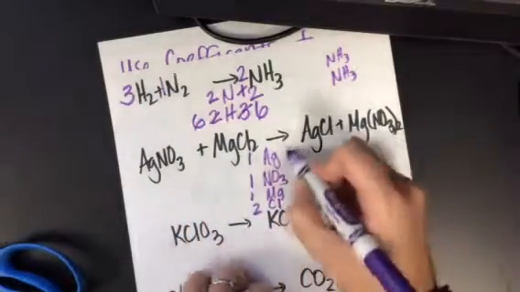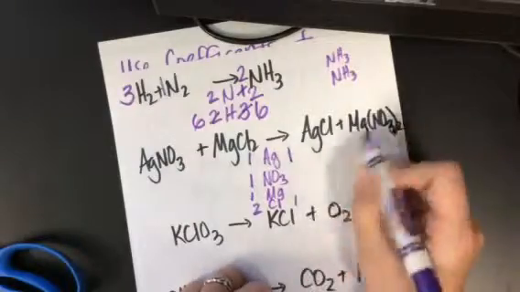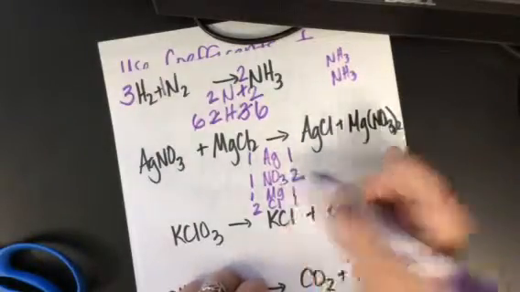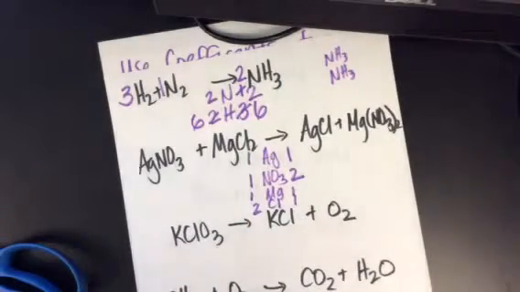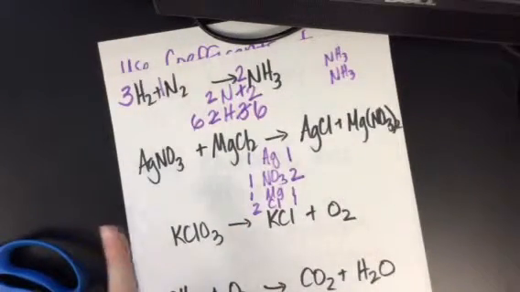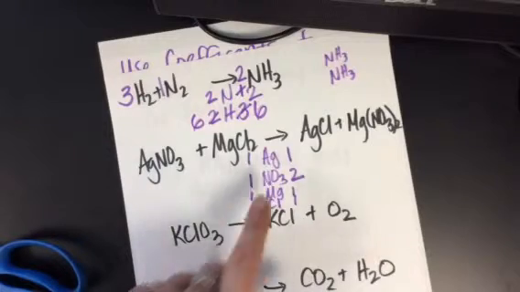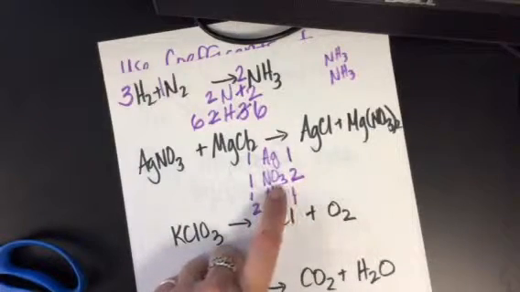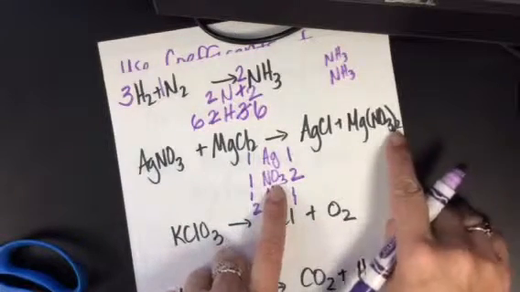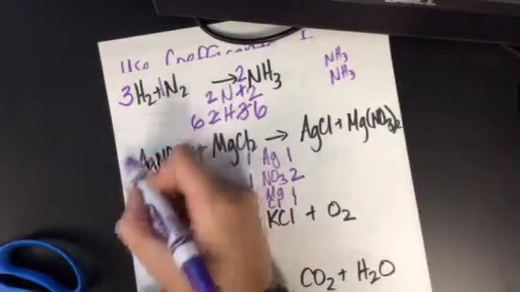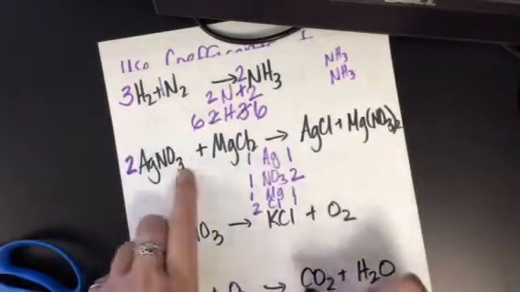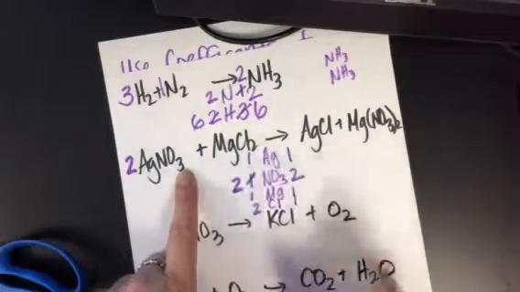Now on this side I have 1 silver, 1 chlorine, 1 magnesium, and 2 nitrate. I need to make sure that all of those numbers are the same down each side of the reaction. So I'm going to start with the first one that's just unbalanced, which is nitrate. On this side I have 2 nitrates. I need 2 nitrates over here. So 2 times 1 is going to give me the 2 nitrates that I need.